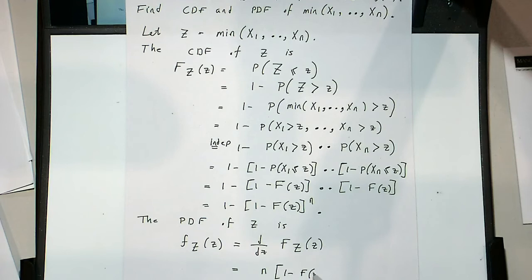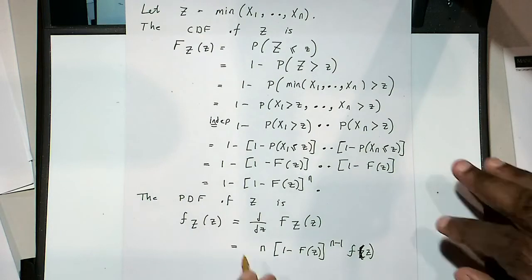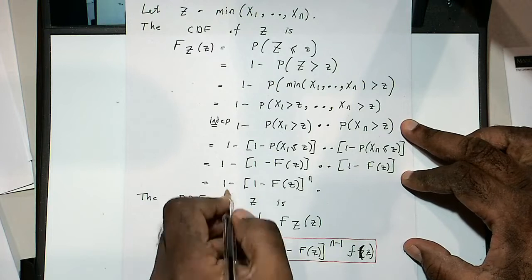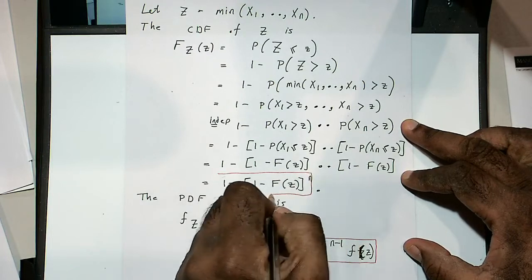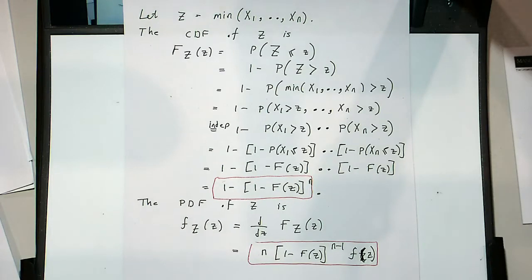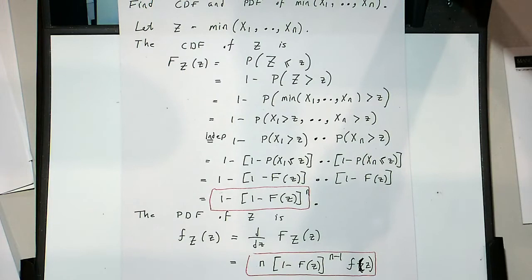Correct me if I'm wrong, but I think this is correct. So this is the formula for the PDF of the smallest data point, and this is the formula for the CDF of the smallest data point. I hope this math is not too difficult; from everything you've done in probability 1, you should be able to follow these.